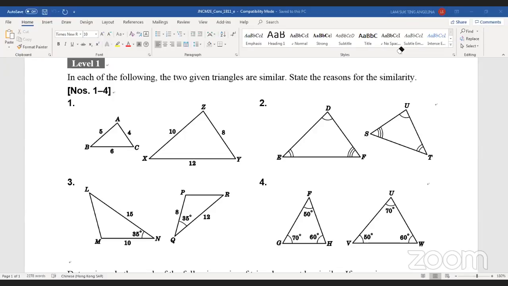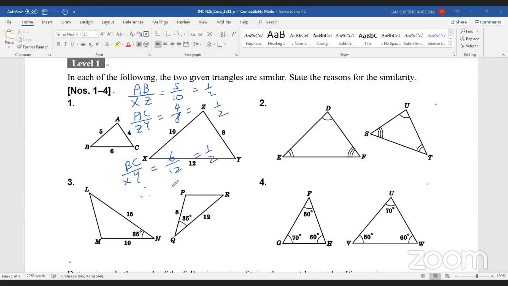later, especially when you sit for the DSE exam, you may really need to do something like that. AB divided by XC or CX is 5/10, which is 1/2. And then AC divided by CY is 4/8, 1/2. And then BC divided by XY is 6/12, 1/2.